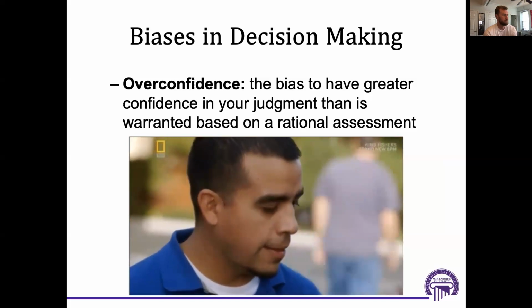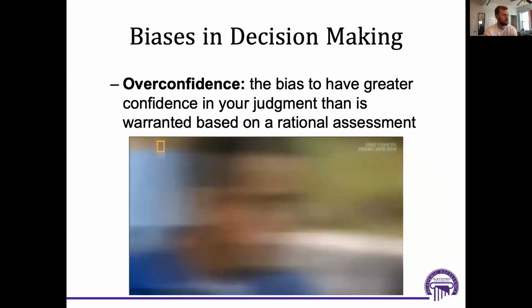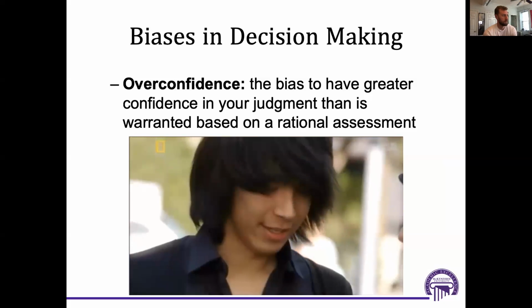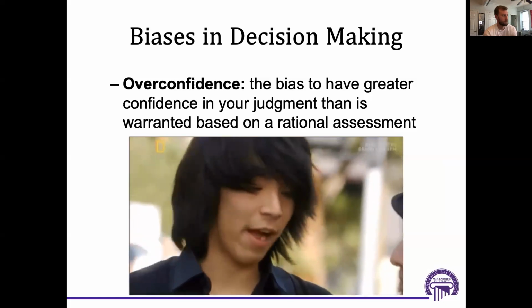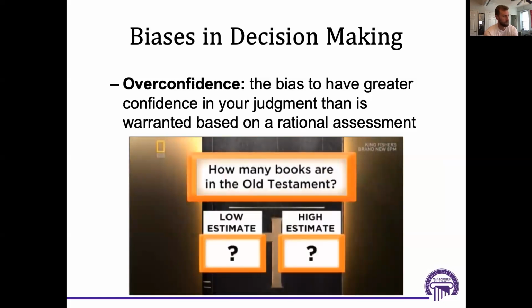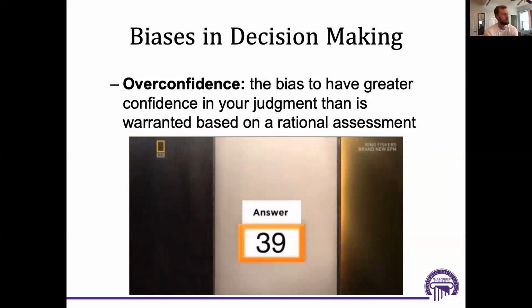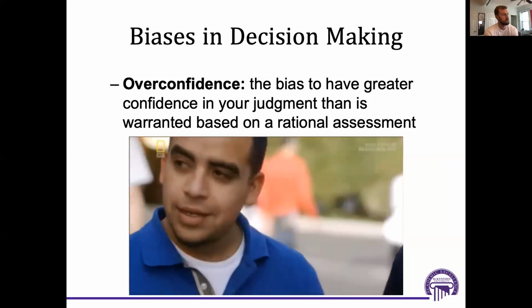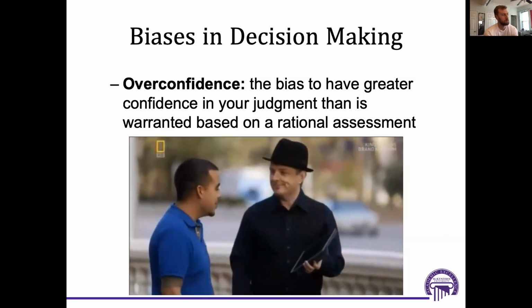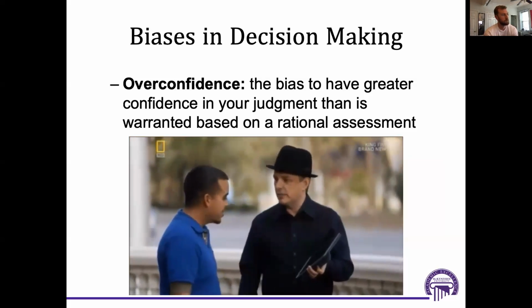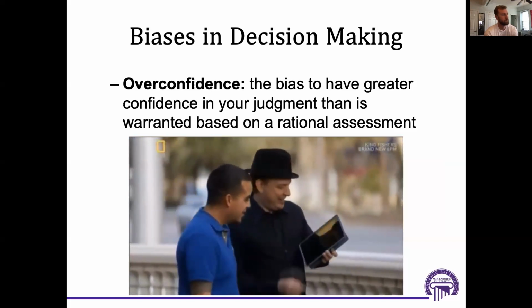And the high number there could possibly be 15. 7. 7, okay. And how high would you go? 25. What do you think? Do you have your range? The answer is 39. It's actually 39 books in the Old Testament. All you had to do was give a range that could, without a doubt, include that number. Not so easy, is it?